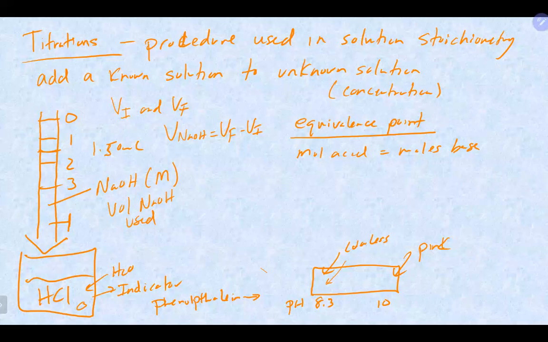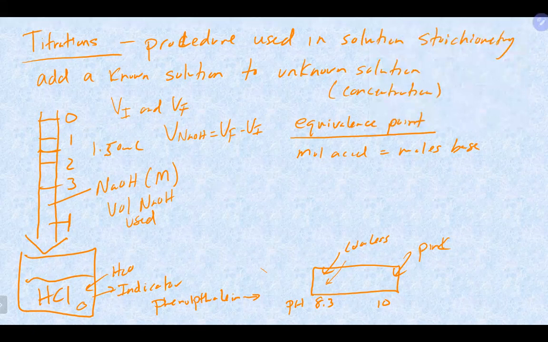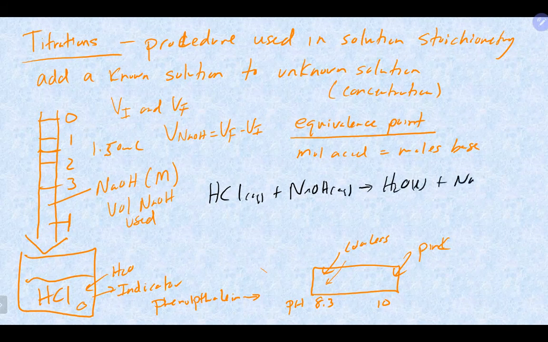So for example, what that means is if we're doing the titration that you guys were doing, and really the titration you're going to do today as well, when you had your HCl plus your sodium hydroxide, you made water and your sodium chloride. When you reach the equivalence point, pretty much all the acid moles that were there have now been used up by all the base moles that are there.